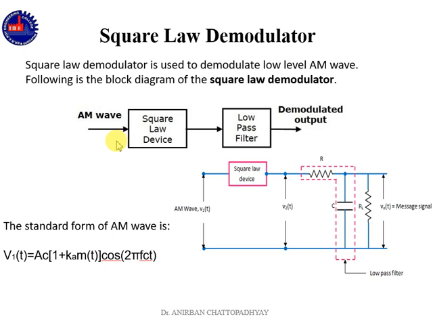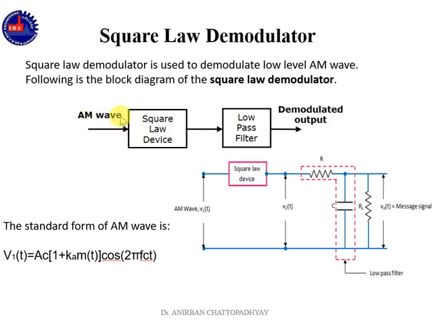Here we can see the basic block diagram of a Square-law demodulator circuit. Here the input signal is not my message signal. Remember, that is the main thing. Here my input signal is the transmitted signal, and what we transmit is actually the amplitude modulated AM wave, right? So my input signal is already an AM signal.